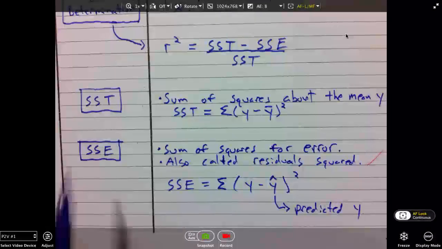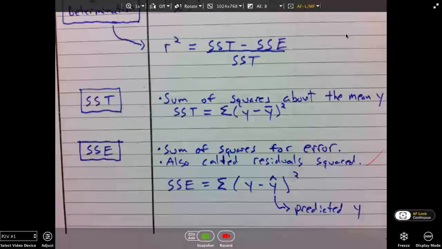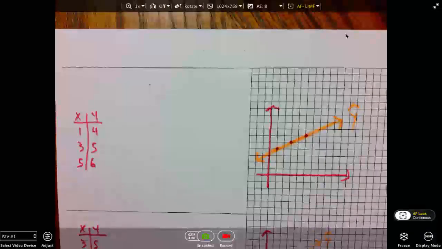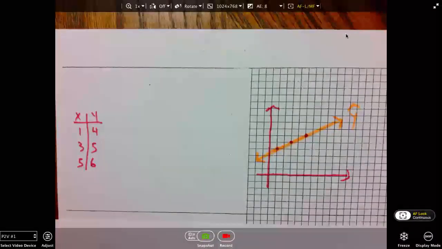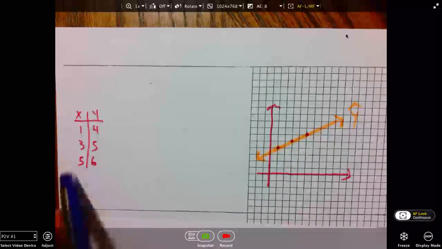Okay, so we are going to use this SST and SSE quantity to see if we can find a couple of r squareds. Alright, first example. Let's say we have a situation that is perfectly linear. Here I've plotted the points. 1 goes to 4, 3 goes to 5, and 5 goes to 6.